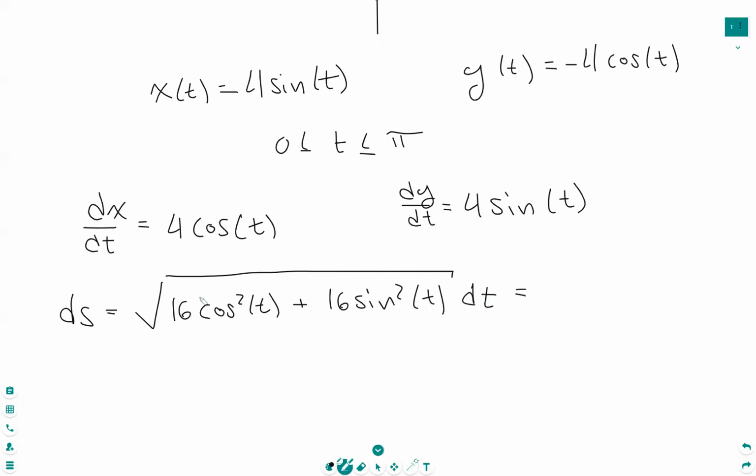These cosine squared and sine squared terms group up and equal 1 if I pull out their common coefficient, and all that I'm left with here is a 4 dt. So that's how ds relates to our parameter t.